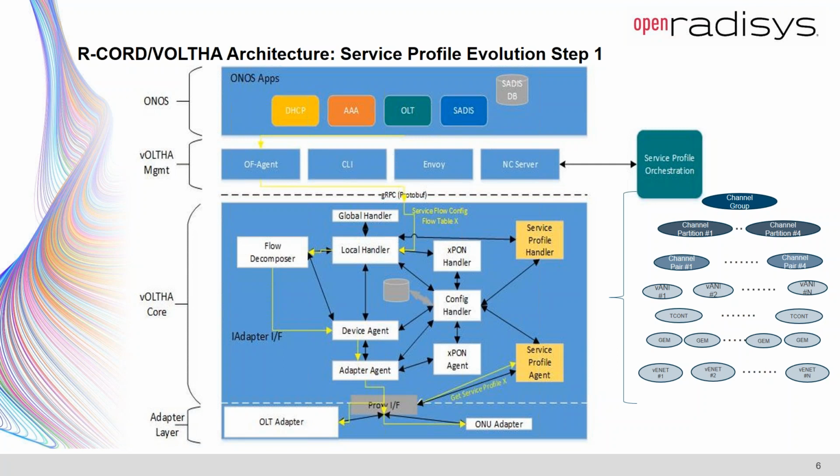The original idea years ago was for it to be not only technology agnostic, but also hardware agnostic. And I think that's something important that we have to keep in mind. I really liked that slide where it showed the resource manager as part of the OLT adapter. I think that was the original concept.